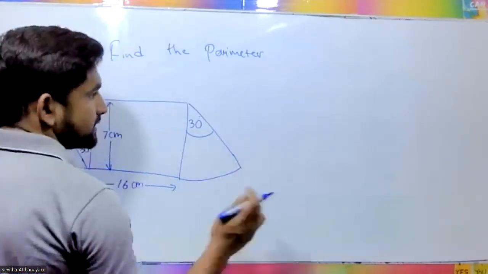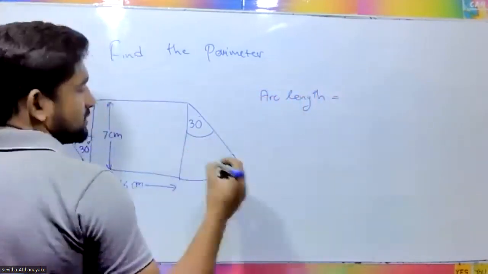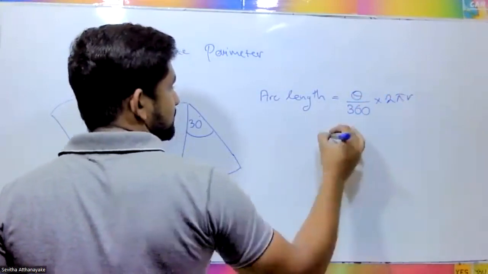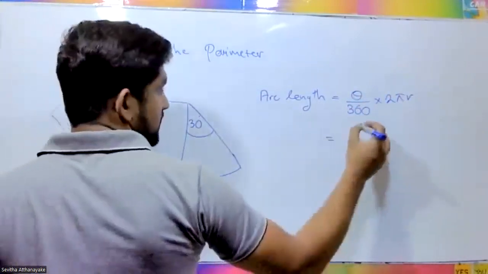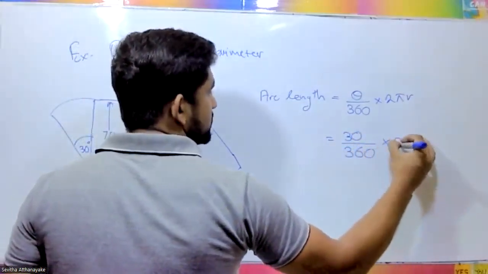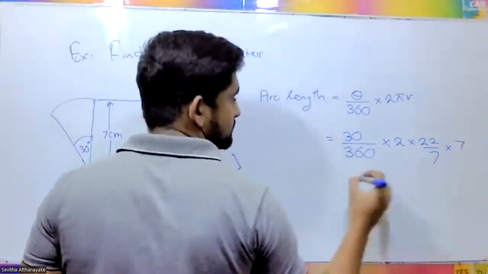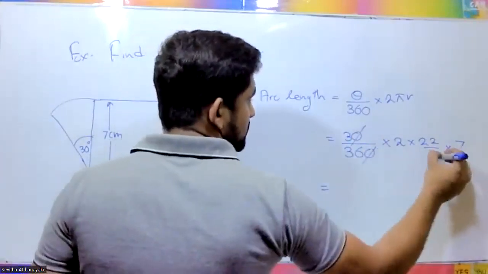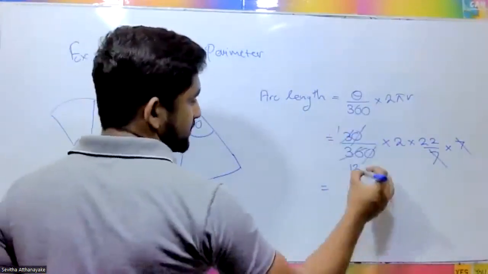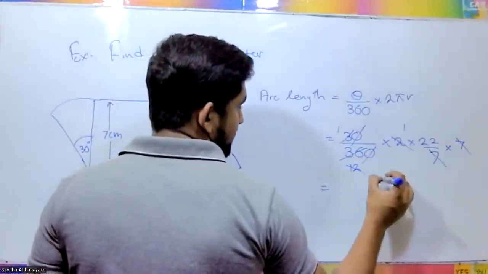First, we'll find the arc length. Arc length, theta over 360 into 2 pi r. Theta here is 30, so 30 over 360 into 2 into 22 over 7 into 7. Here we can cut these two. Then we have 12 and 1. Again, we can divide this by 2, 1 remaining, 6. Again, we can divide by 2.